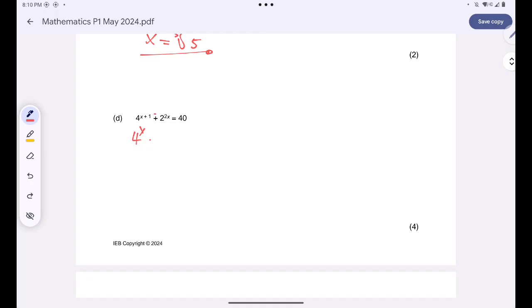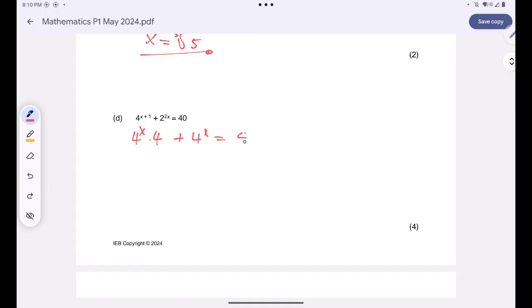Because my terms are separated by a plus or a minus, right, together. So since I have 4 to the x, I'll simply say 4 to the x multiplied by 4. This is the same as 4 to the x. Why? Because 2 squared is equal to 4, right? Let me just write it like this.